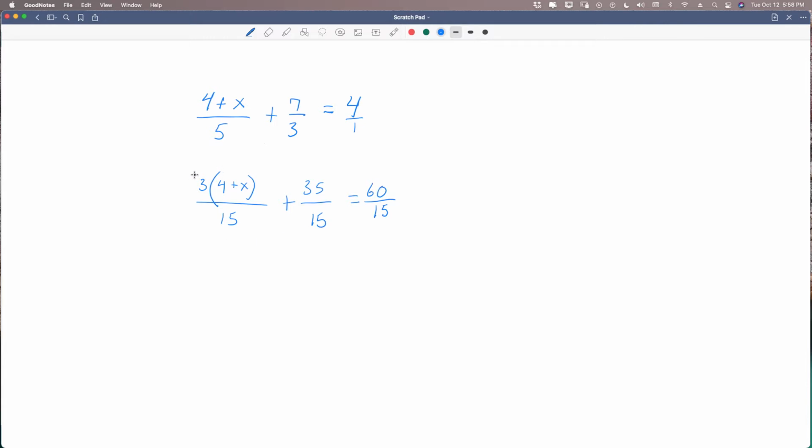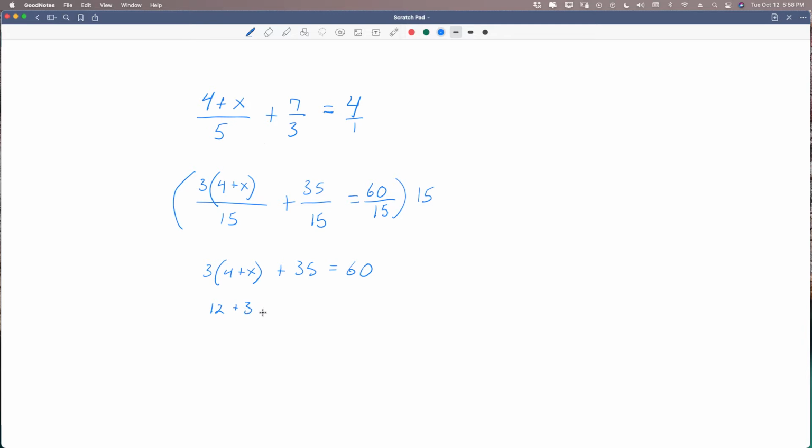Now we can multiply the whole thing by 15, and they cancel out, so we end up with 3 times 4 plus x plus 35 equals 60. So this becomes 12.